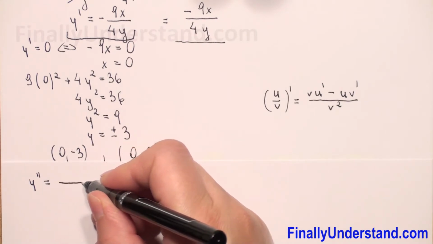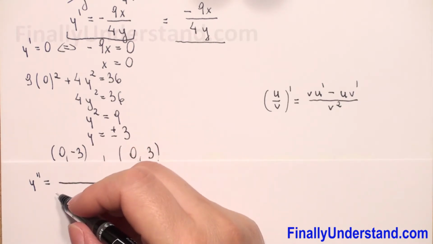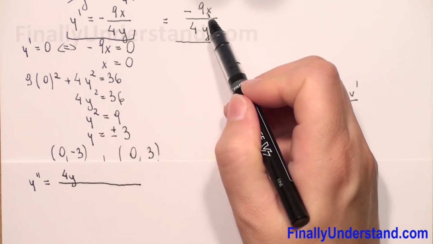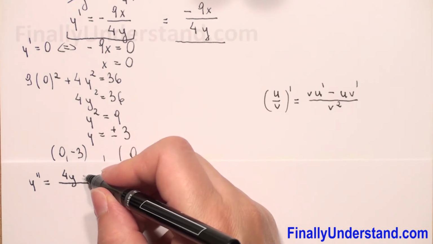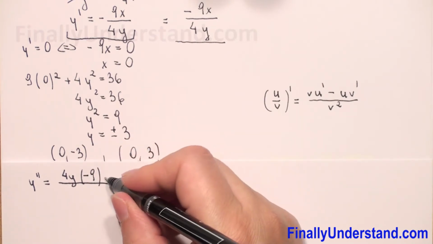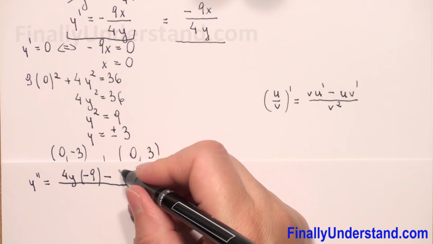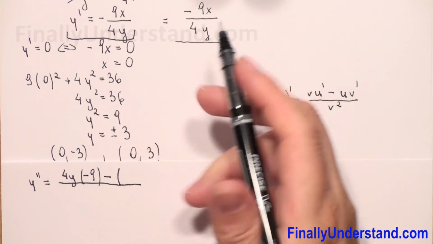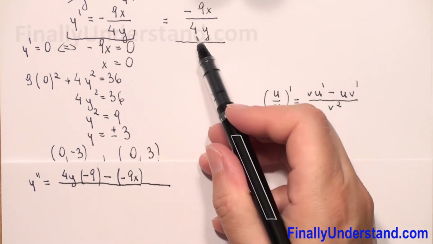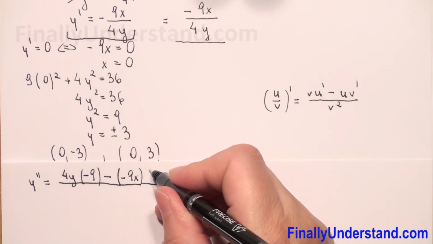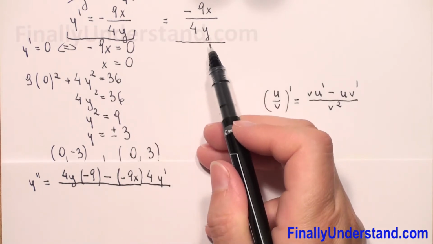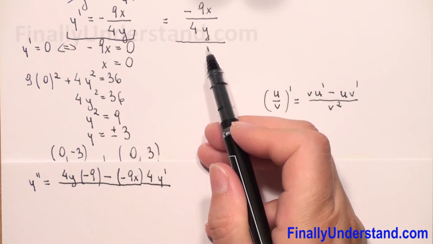So we have in numerator we will have 4y times derivative of numerator, derivative of negative 9x is negative 9 minus, now we have to copy numerator, we have negative 9x times derivative of denominator, so we have derivative of 4y is 4 times y prime, because we treat y as a differentiable function of x.